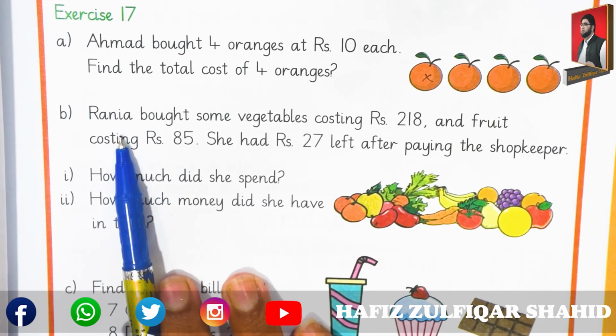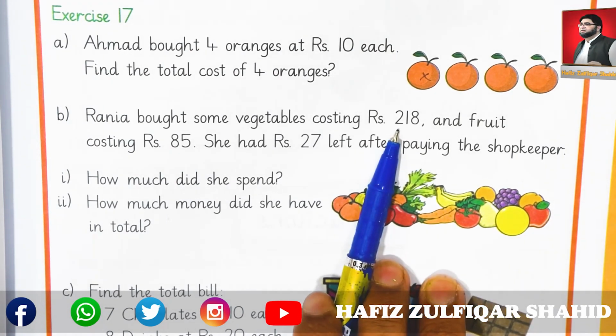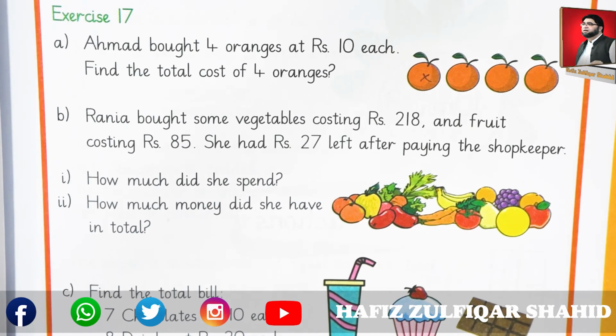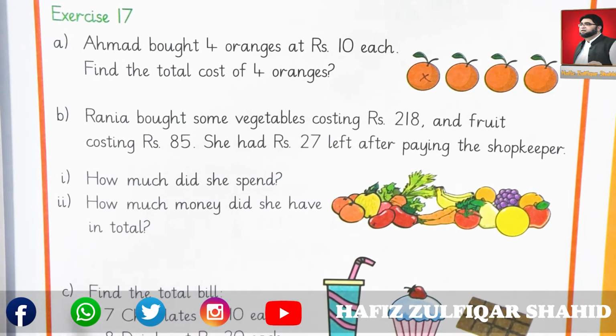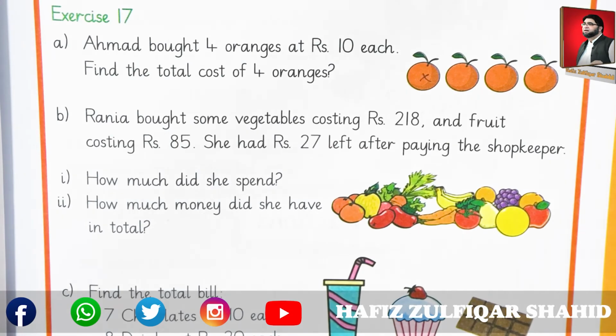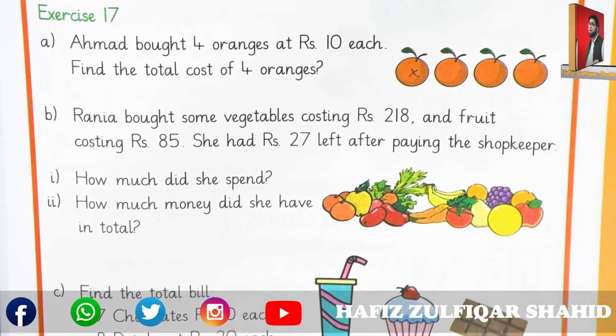Rania purchased vegetables and paid rupees 218. Then after that she purchased fruits and paid rupees 85. But after paying for both vegetables and fruits, she has 27 rupees left with her.